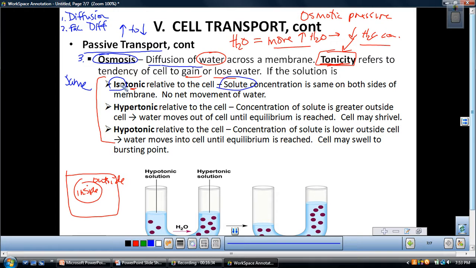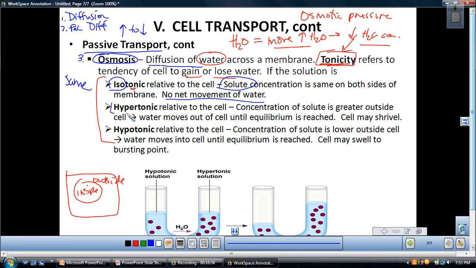Solute concentration means how many particles, like sugars, salts, things like those, are on the outside of the cell and on the inside of the cell. If they are the same, there would be no net movement of water. That means water would not enter the cell, water would not leave the cell. So the tonicity is one where the cell will remain the same. You'll have an equal movement across both sides of the membrane.